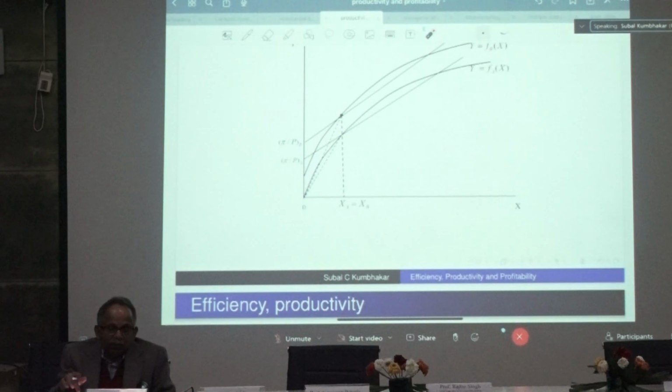You don't need to show it in terms of another graph. It's simple. Right? So the only way by which productivity can be increased is through a technical change. We use the word technical change to indicate a shift.